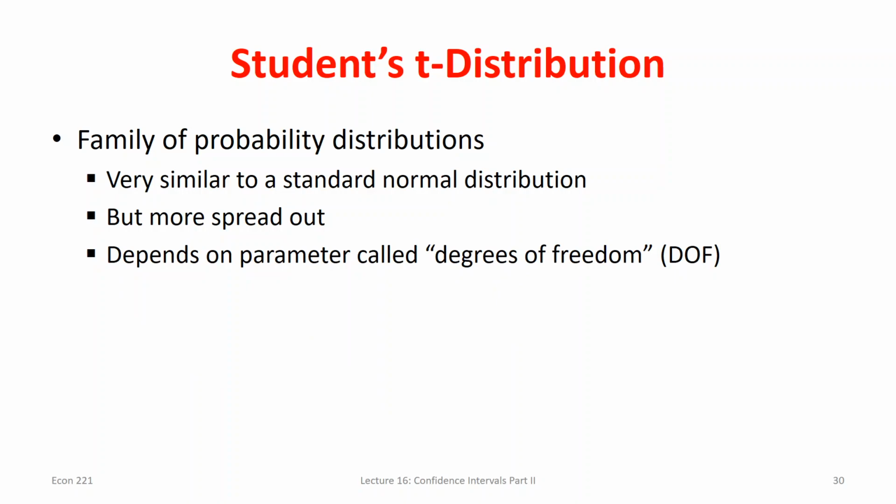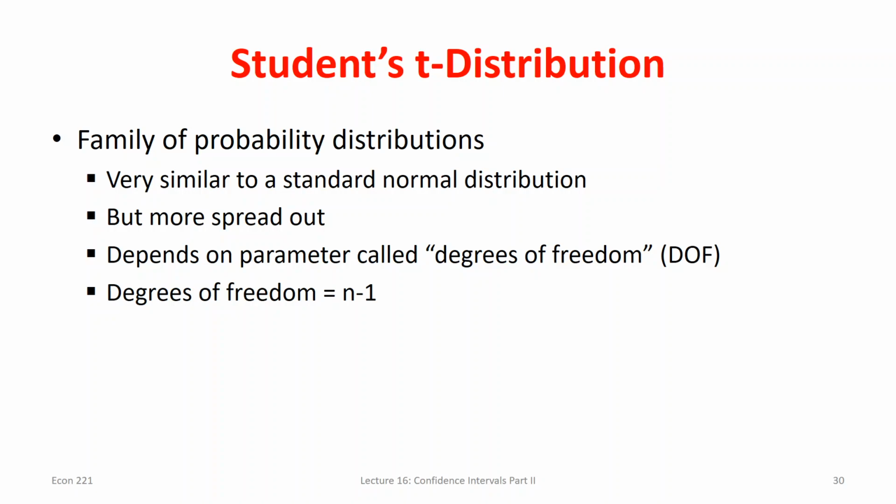How much more spread out they are depends on something called our degrees of freedom, which is directly linked to our sample size. You can think about why: if we're dividing by n minus 1 instead of n, that matters a lot less if we have 1,000 observations as opposed to 30.